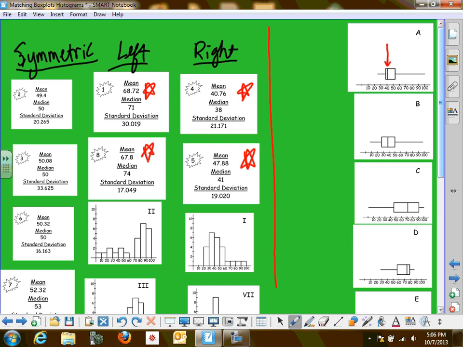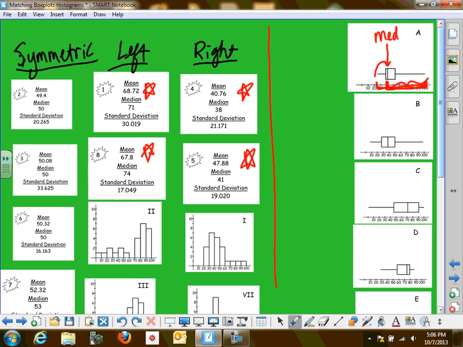So let's look at this first card, card A. So here, of course, we have our median. Now, look at this. I can tell that there is much more of a spread in this half of the data than this half right here.